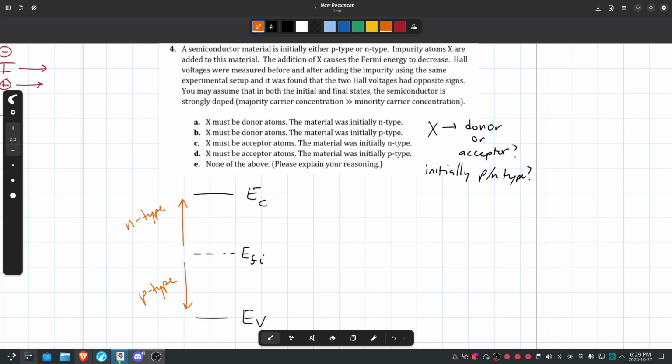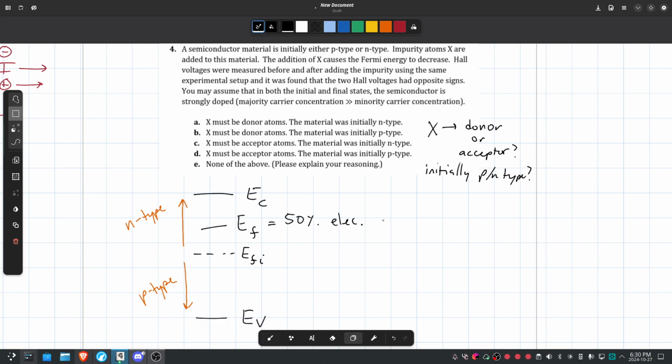So if you remember, the EF level is the point where we have an equal amount of holes and electrons. So if we want to bump up the Fermi energy, we need to add more electrons, right? Because then we're pushing the amount of electrons further and further from the valence band.